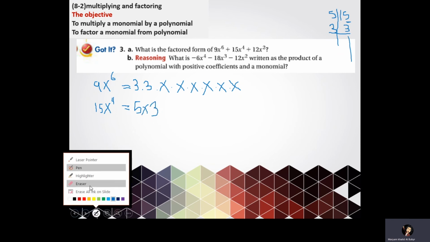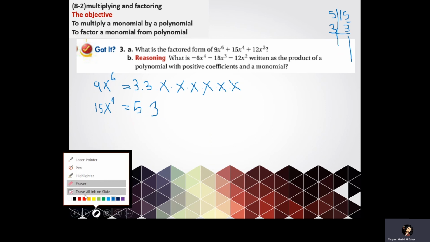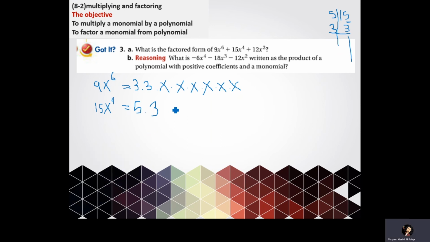As I said, I don't want to write the multiplication like that. So 3 times x times x times x times x, 4 times. Okay, 12x squared.